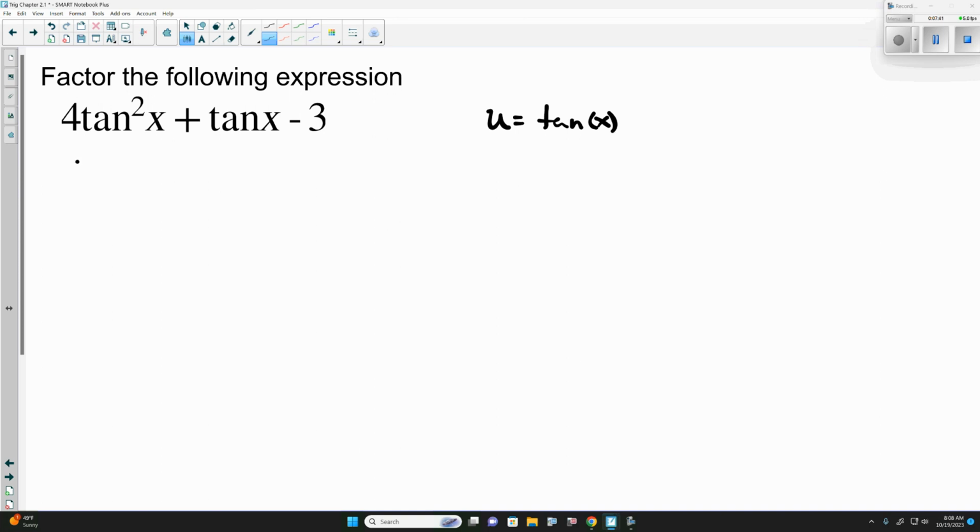If we replace tangent of x with u, here we have tangent squared of x. So it will become what? U squared, because we said u is just tangent of x. So tangent squared becomes u squared, plus here we just have tangent of x, so it's just u, minus 3.